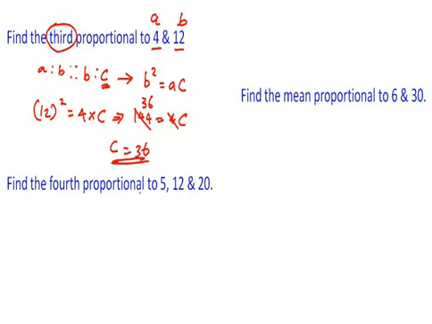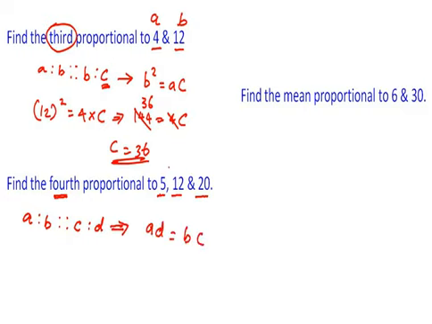Find the fourth proportional to 5, 12 and 20. We have got three terms and we are trying to find the fourth term. So we can make use of the other trick. A is to B is the same as C is to D. And we know that this can be simplified as AD is equivalent to BC.